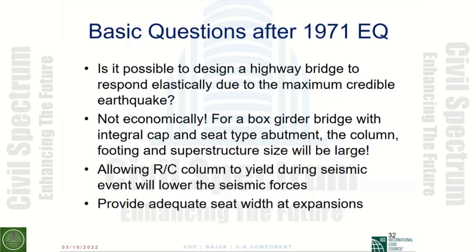And when the column becomes bigger, the footing becomes bigger, the superstructure size becomes larger, and you get into a vicious cycle, and you get a very large size for the column, and it becomes really not realistic to do that.